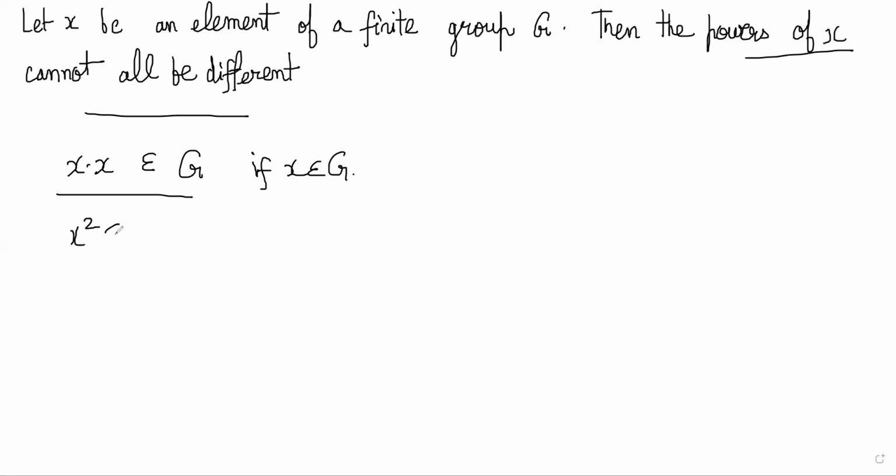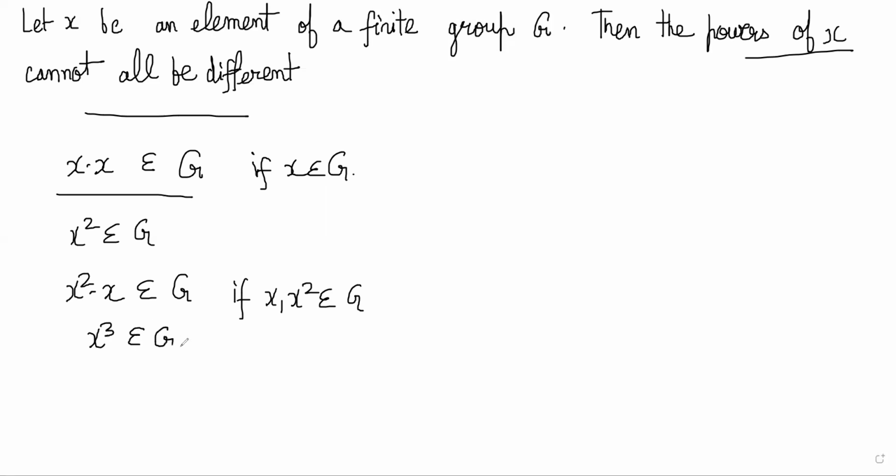So X square should belong to G, and similarly X square dot X will belong to G if X and X square belong to G. So X cube should belong to G, and so on. What we are seeing is that there are so many different powers of X, and all the powers of X should be part of the set G.